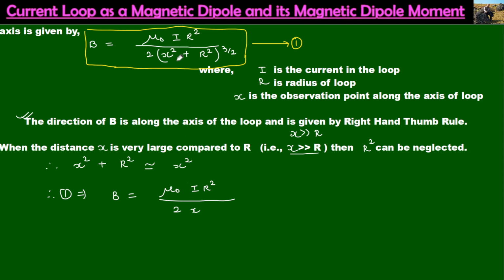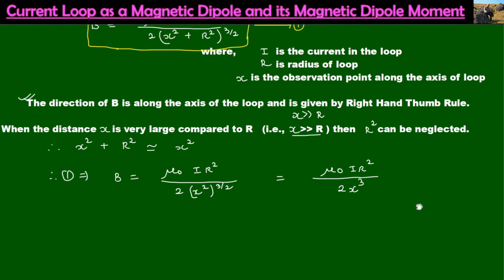Since this bracket term is replaced by x square, we write only x square, but over here we have the power 3 by 2. When you solve this expression, you'll get mu naught I r square divided by 2 x cube, since the 2 and 2 will get cancelled.